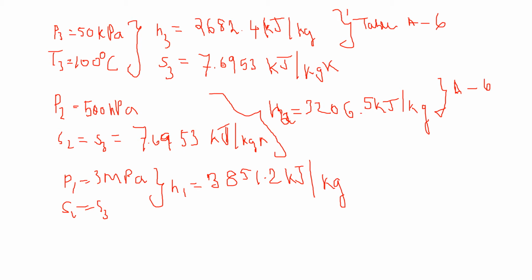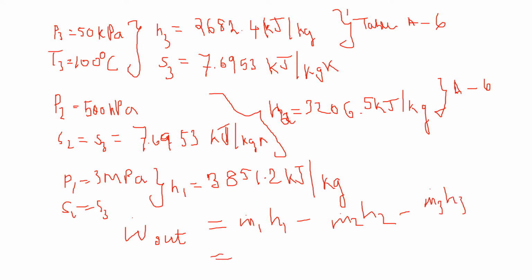Okay, so now we have H3, we have H2, we have H1. Now it is easy to find, right? Because what was W out? W out, the rate of power output, is equal to mass flow rate 1 H1 minus mass flow rate 2 H2 minus mass flow rate 3 H3.